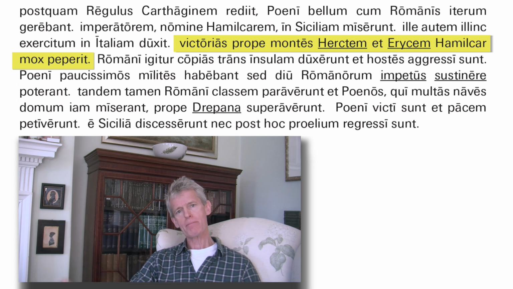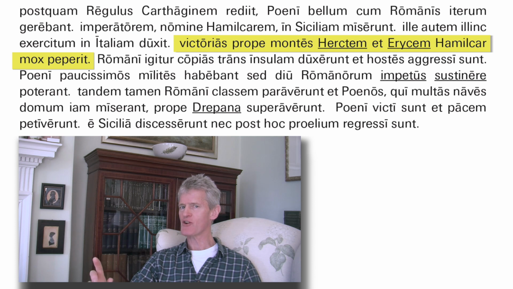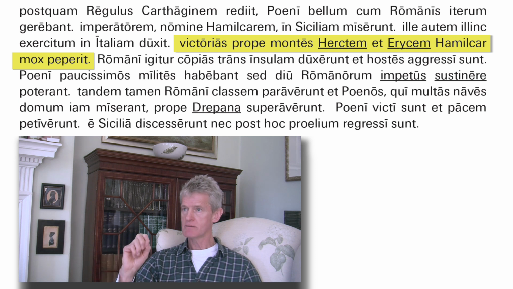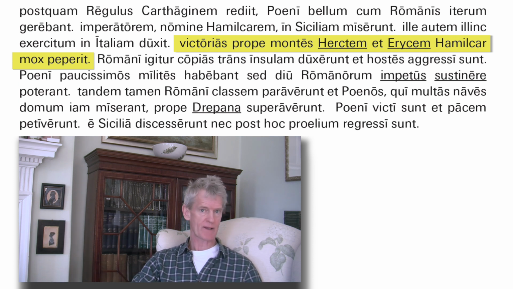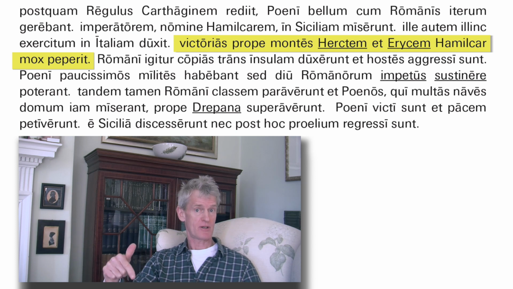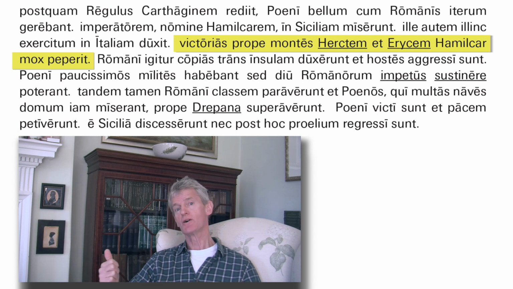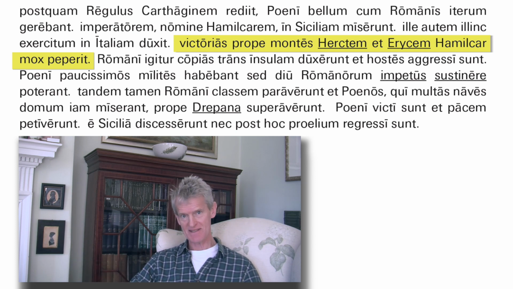So, peperit, remember that's from pario. Pario, parere, peperi, partum, well, it means lots of things, but in particular, used with victorias, it means to report a victory or to win a victory. So, mox peperit, he soon won victories. Okay, now who did?